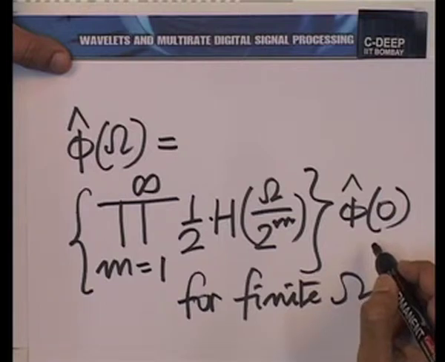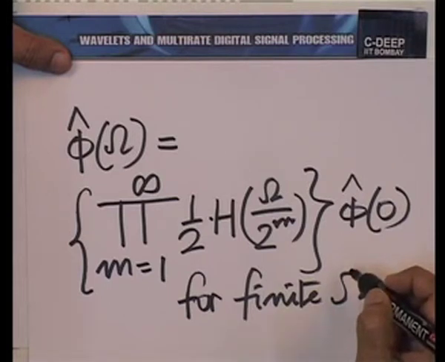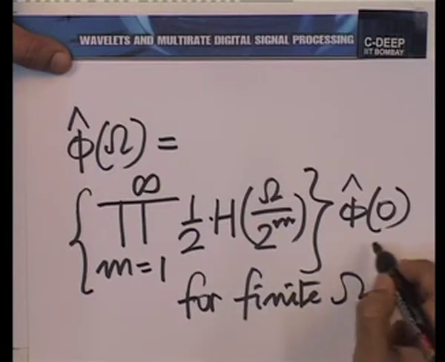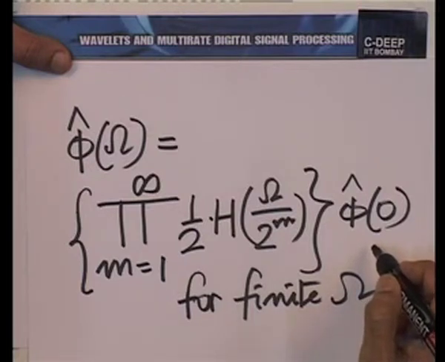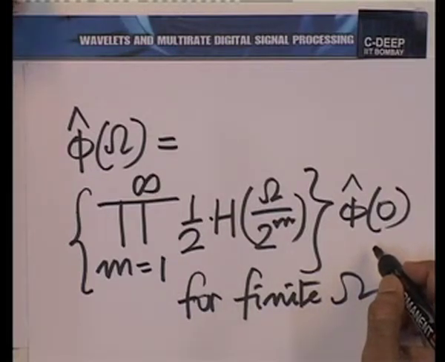In fact, phi cap 0 is very often the maximum value of the magnitude of phi cap omega, because of that low pass character. So, we have seen this low pass character in the Haar context. Now, we shall assume it to be true of most multi-resolution analysis and proceed from there. So, this is just a constant, a non-zero constant, to be wary.